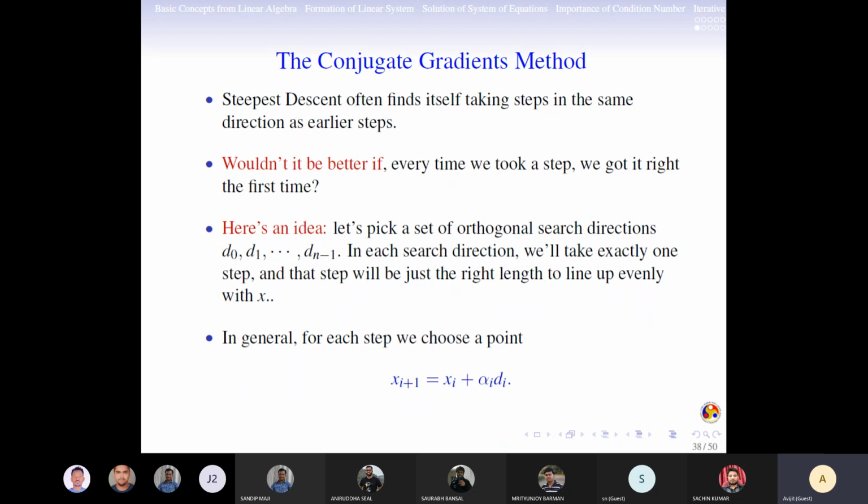In this way it goes, and x(i+1) will be xi plus alpha di. In each step you choose a point like this. You can see the previous one was in the direction of ri, the residual direction. Here it is replaced by di. di is not your ri, not your residual. Okay, this is the difference. In the steepest descent the direction was the residual direction. In the conjugate gradients method the direction is a new direction. I have not explicitly stated here what the direction is, but I will show it.